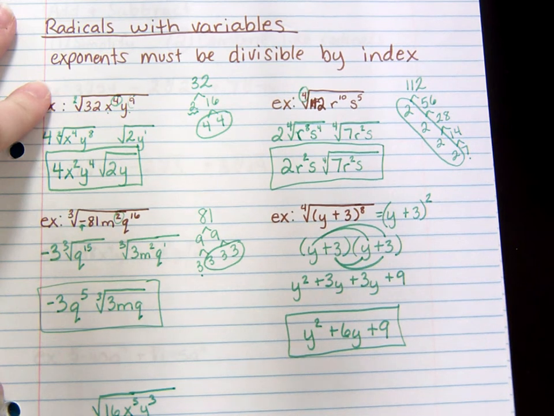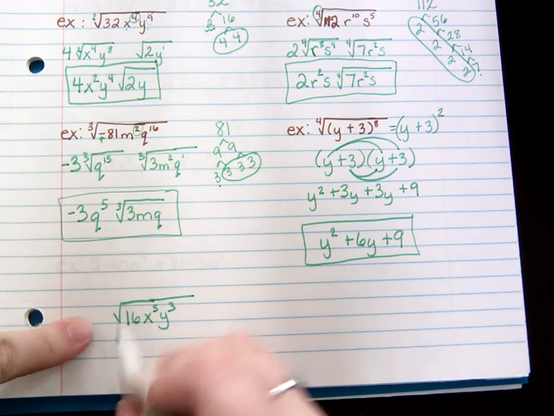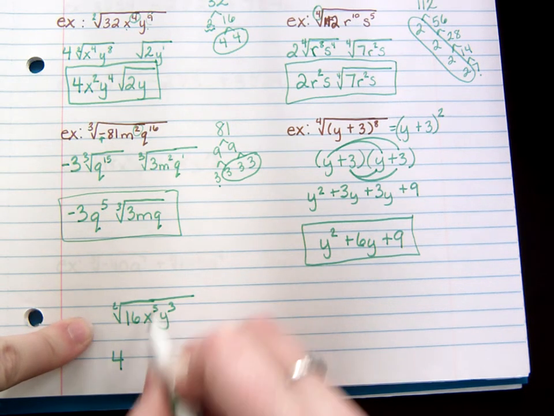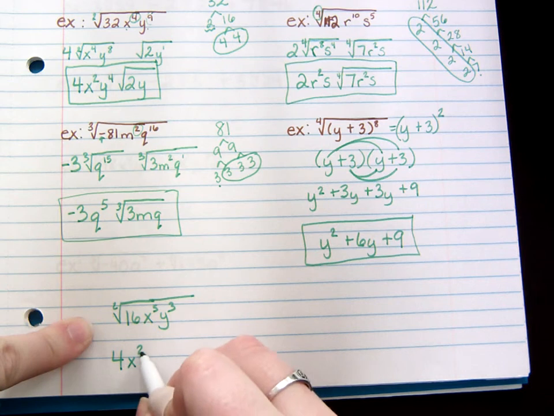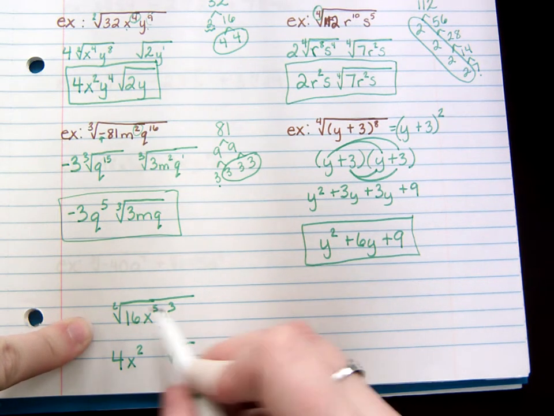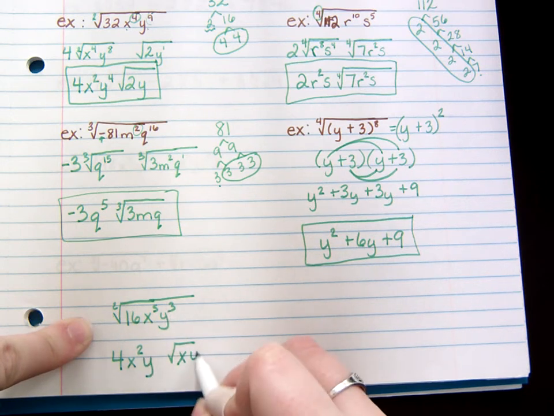Okay, I might be able to do that in my head. So square root of 16, that's 4. Now 2 goes evenly into 5 twice with 1 left over. 2 goes evenly into 3 once with 1 left over.